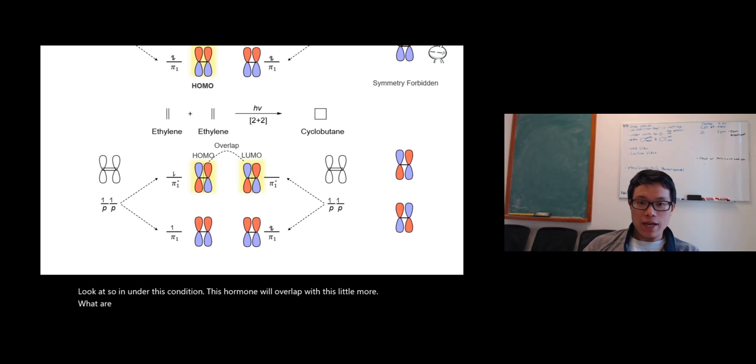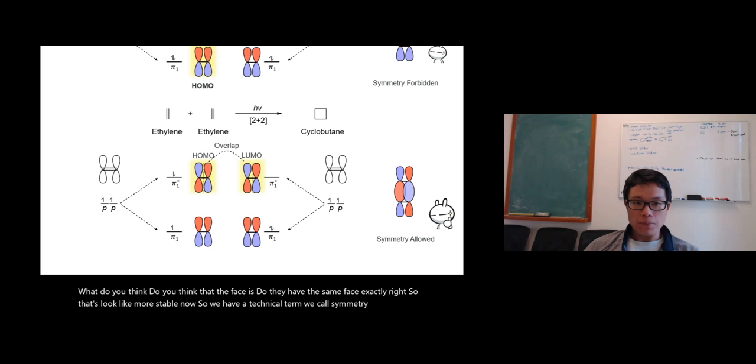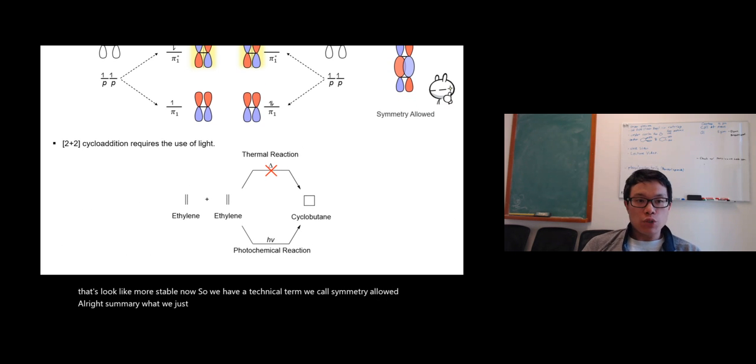Do they have the same phase? Exactly. So that looks more stable now, and the technical term is symmetry allowed. To summarize, from molecular orbital theory, the 2+2 cycloaddition of two ethylenes doesn't work thermally, and we have to do a photochemical reaction, or run this reaction under light.